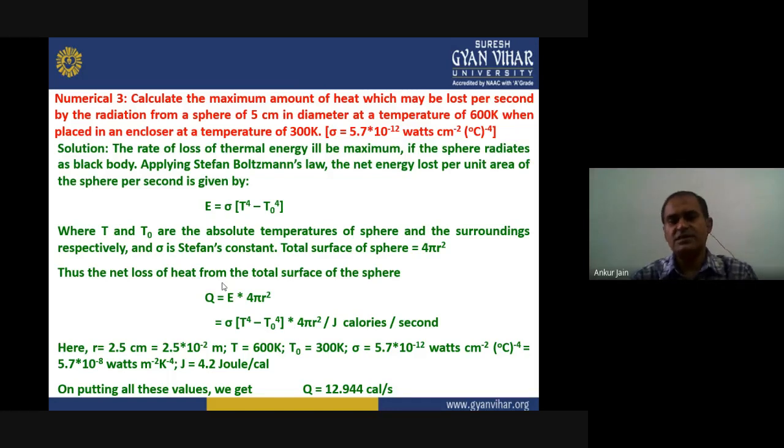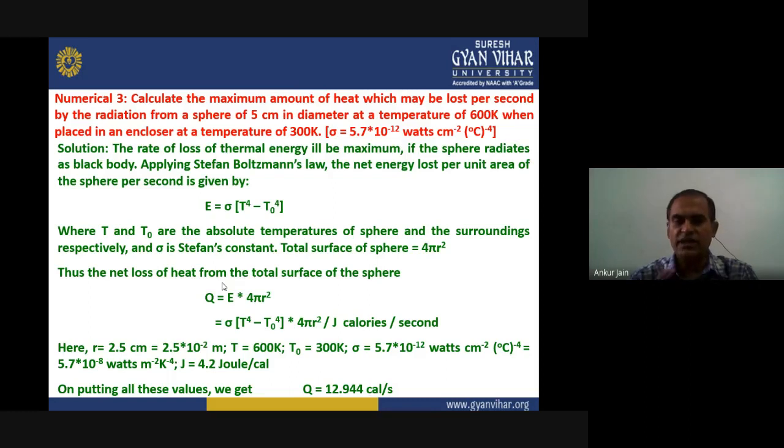The total surface area of the sphere is 4 pi r square, where r is the radius of the sphere. So the total net loss of heat from the total surface of the sphere will be Q equals E into 4 pi r square.